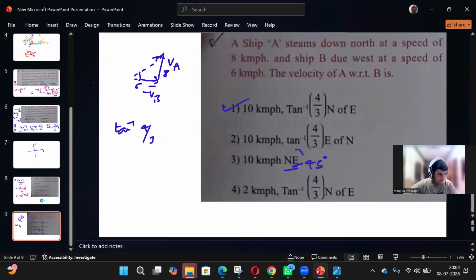Option 3, they have said northeast. The meaning of northeast is middle of north and east. That is 45 degrees with the east. But this angle is a different angle. That's why it's not northeast.